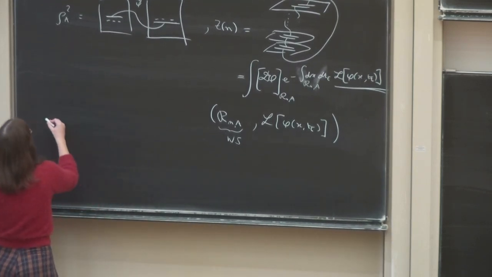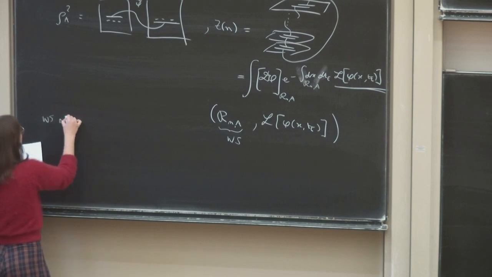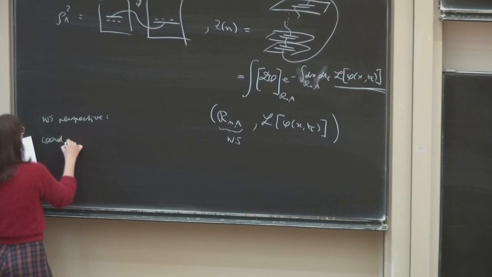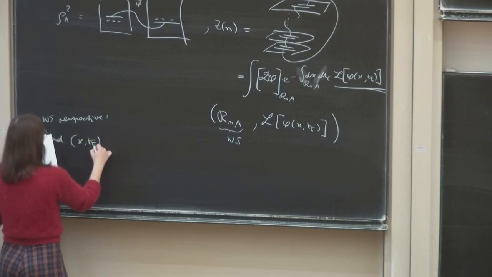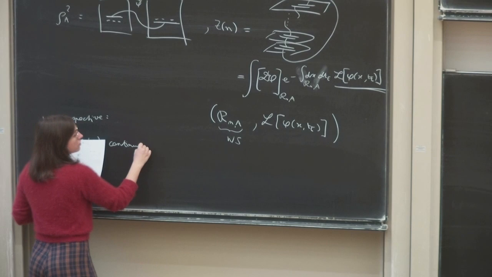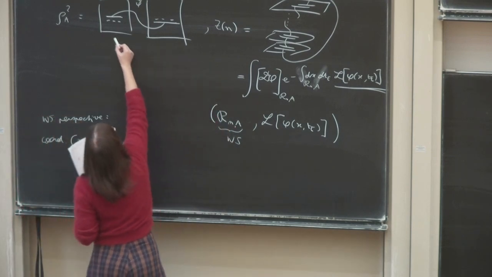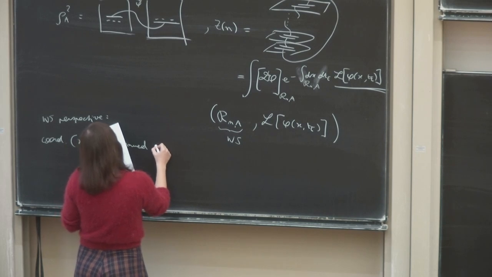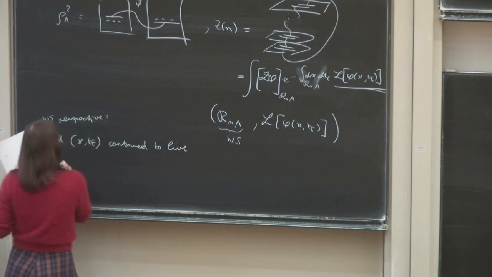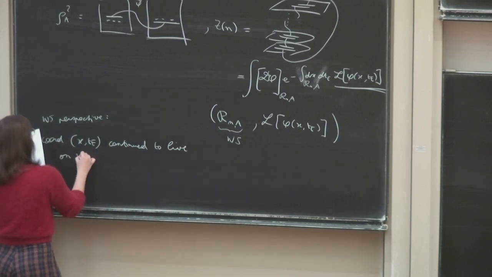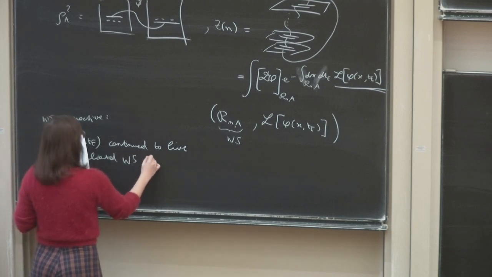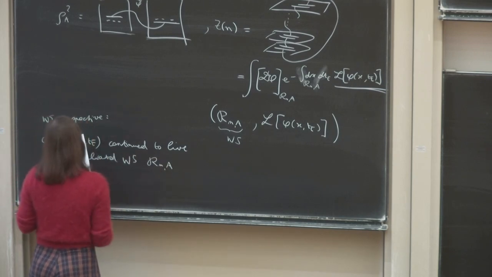Good, so in this language, what we did before is a world sheet perspective, where our coordinates x and t_E are continued from living on one copy C to living on n copies connected into this replica manifold. So our coordinates are continued to live on a replicated world sheet, which is our replica manifold.